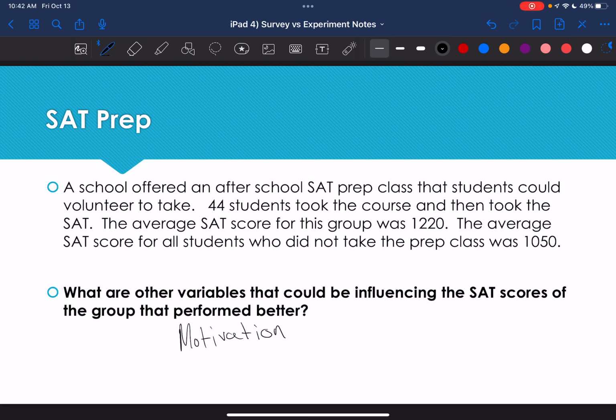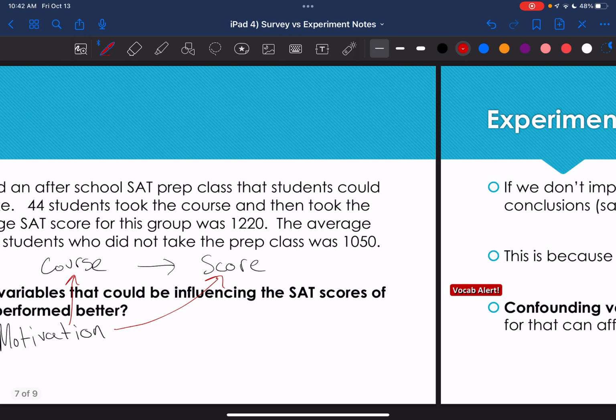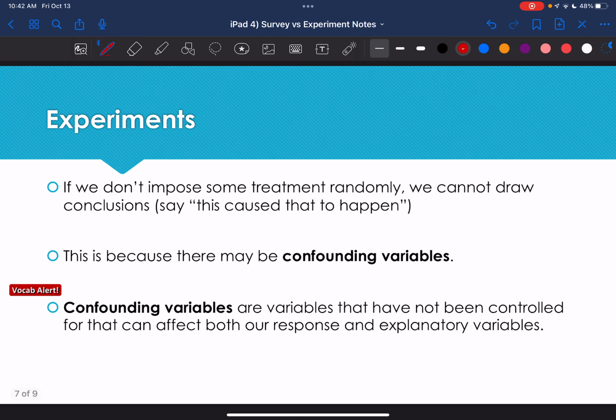So we thought that the course tells me what the score does, but if motivation is increasing course participation and increasing score, there's this other variable that maybe is the only real reason. That's what a confounding variable is. It's a variable that has not been controlled for that can affect both your response and explanatory variables.